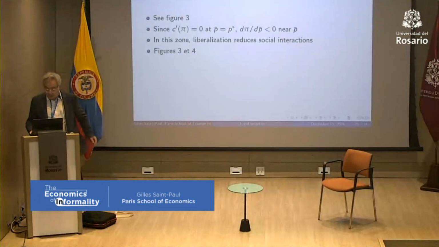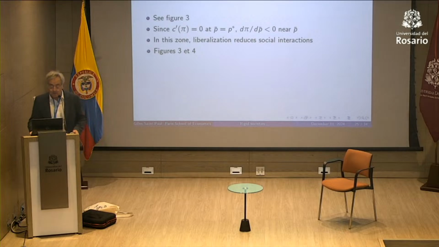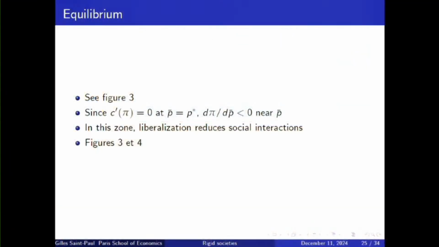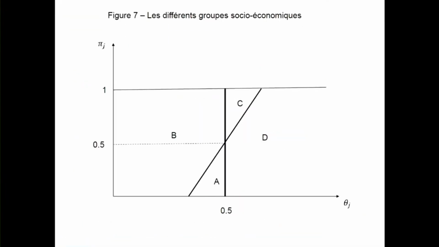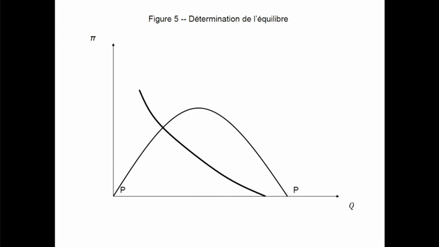So putting all this together, then I get an equilibrium, which is determined by the intersection between, okay, this is interesting, but let me start with the not interesting. So there are these two schedules that intersect.